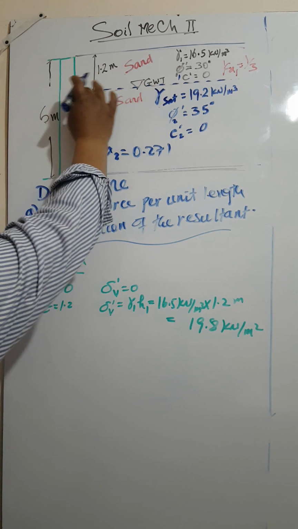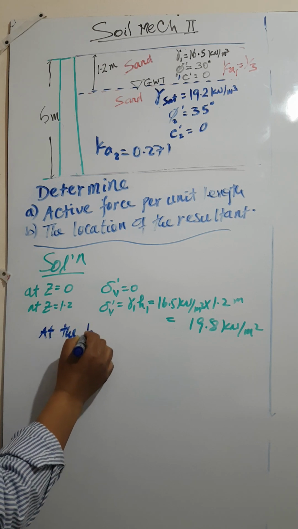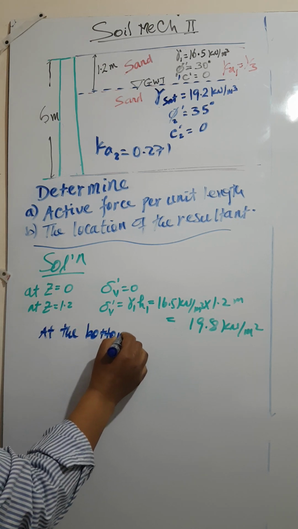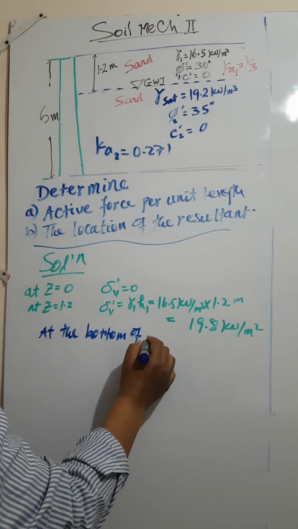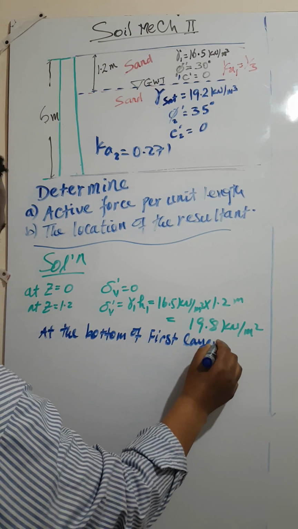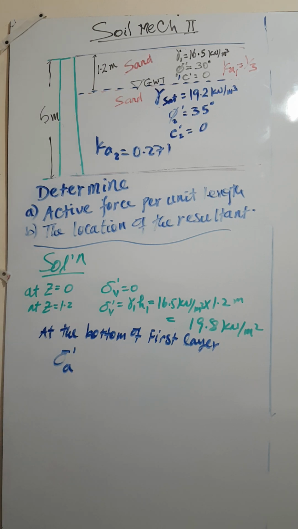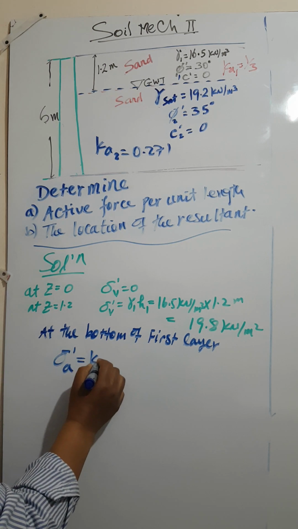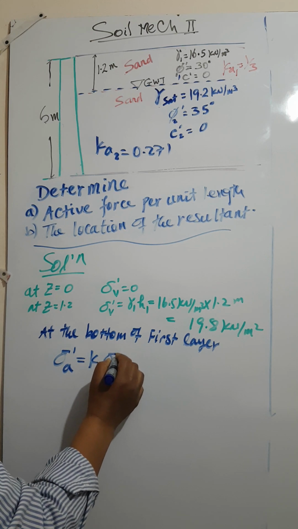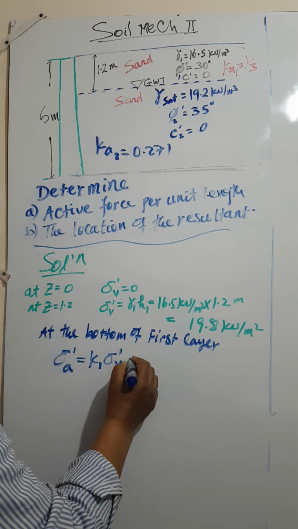Because of this, stress develops at the bottom of the first layer. Here is the stress. The active stress is equal to Ka1 times the effective vertical burden.